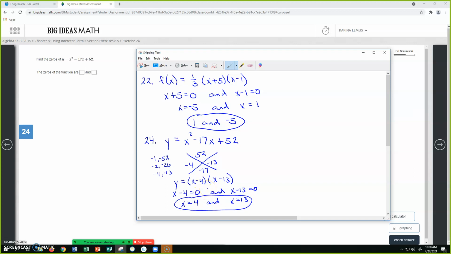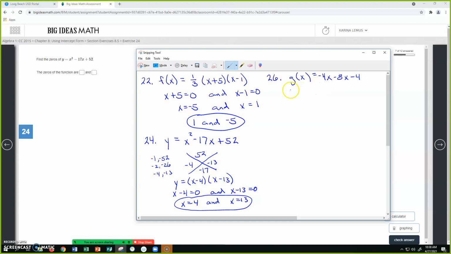So 26, I think is kind of a normal one. So, oh yeah, okay. So I'll do 26, and we've got on that one g of x is equal to negative 4x squared, and then I've got minus 8x minus 4.